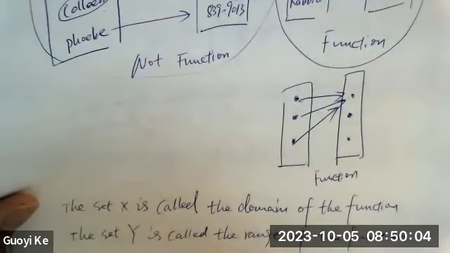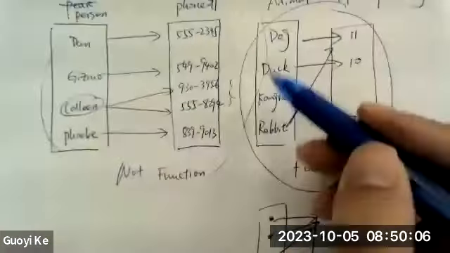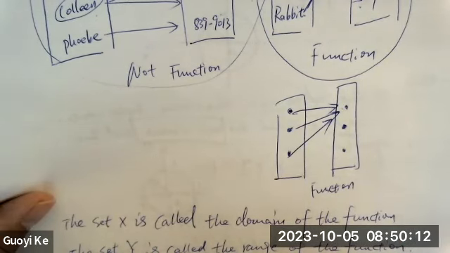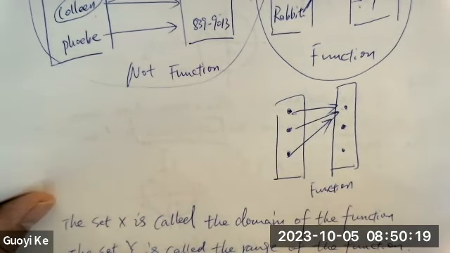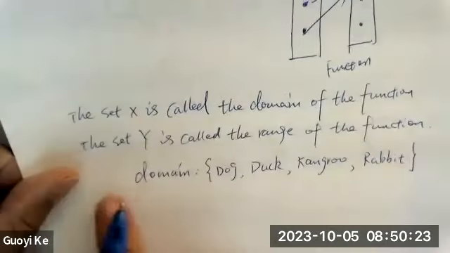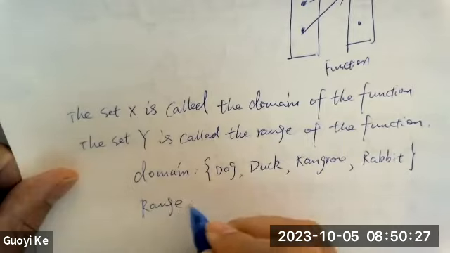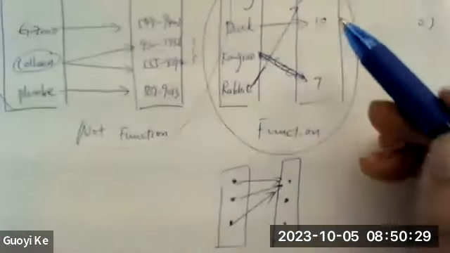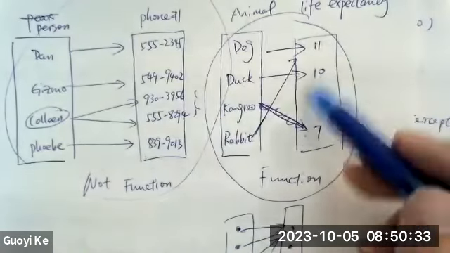So the domain for this guy is dog, duck, kangaroo, and a rabbit. Okay, that's the domain. And the range is what? Is the number or the elements in Y.